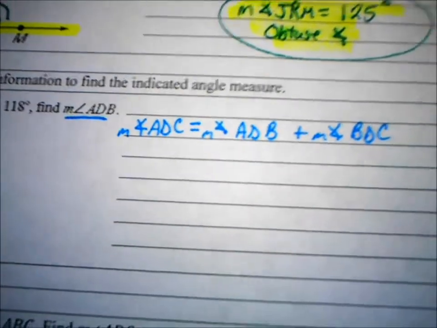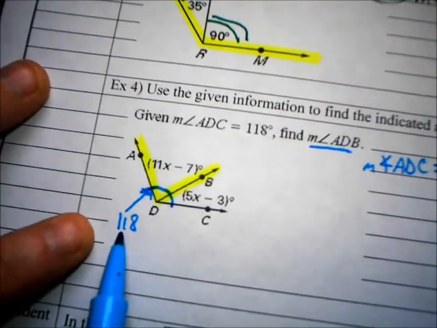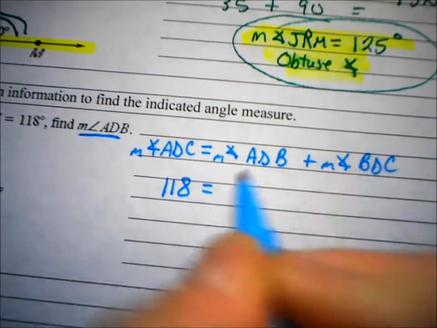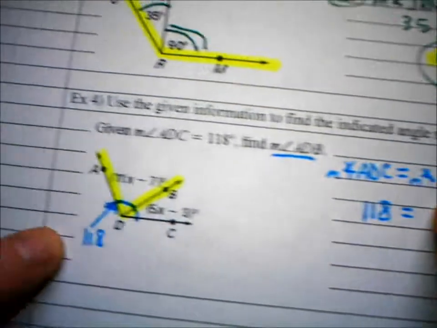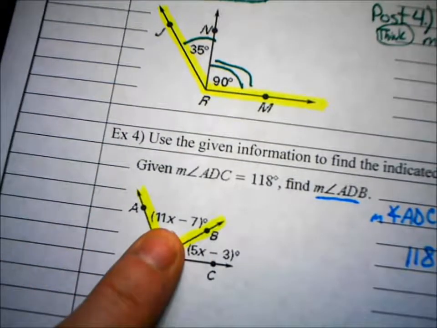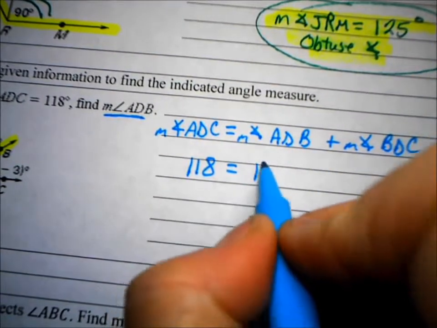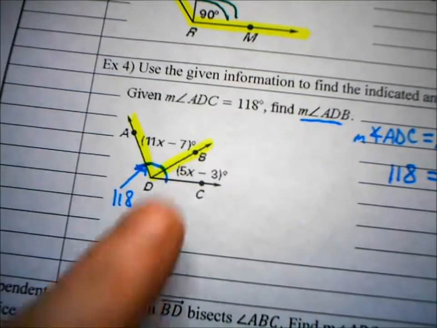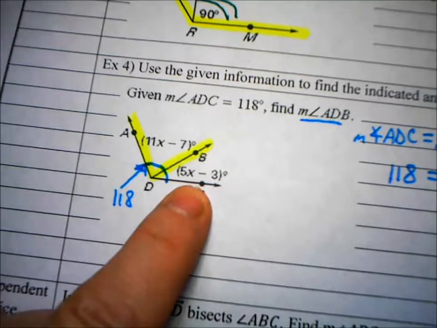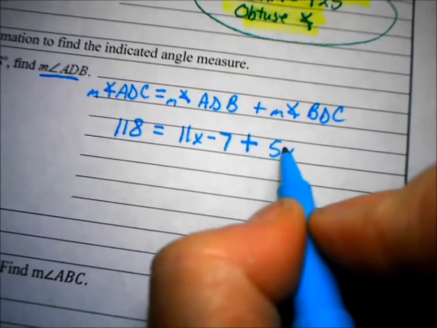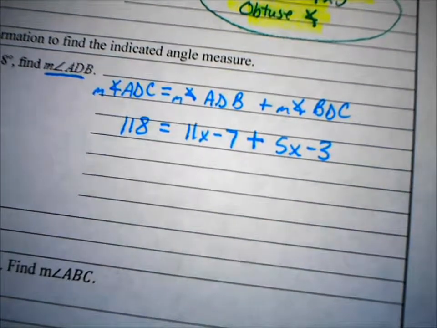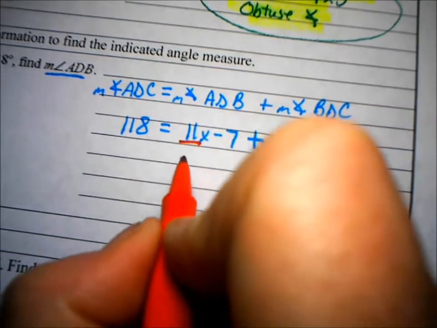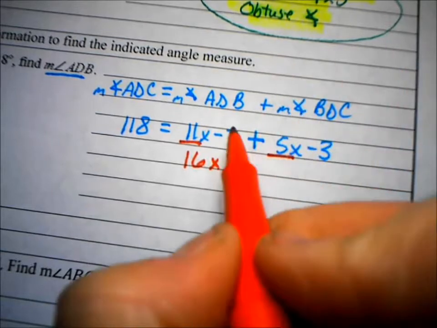If I fill it in, ADC is 118, ADB is 11x minus 7, plus BDC, which is 5x minus 3. Let's combine like terms. 11x and 5x is now 16x.